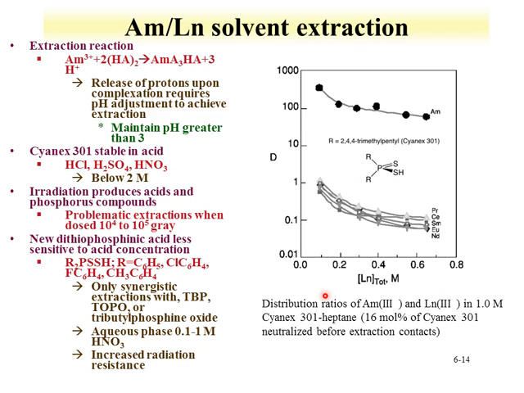And as an example shown here, there are distributions of the trivalent americium and the trivalent lanthanides in 1 molar Cyanex, that's around 16 mole percent of Cyanex 301 in heptane. So you can use this ligand to achieve selective separations, and it's driven by the soft donor properties of these ligands.